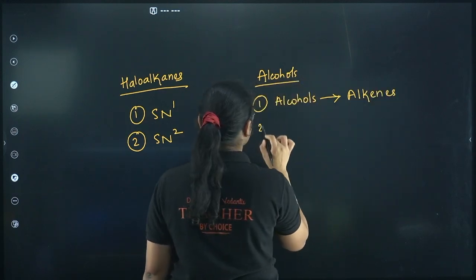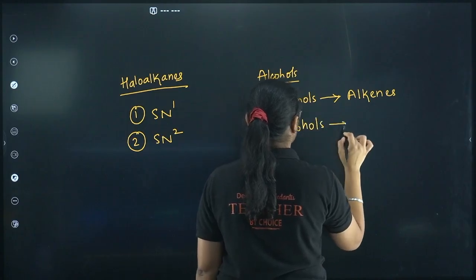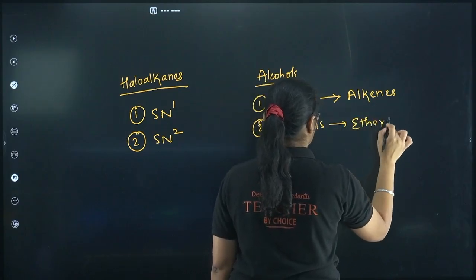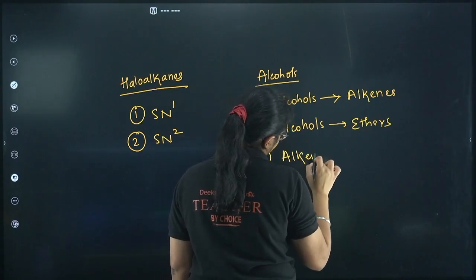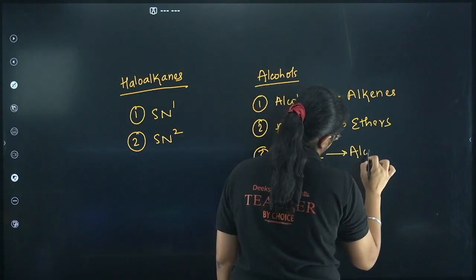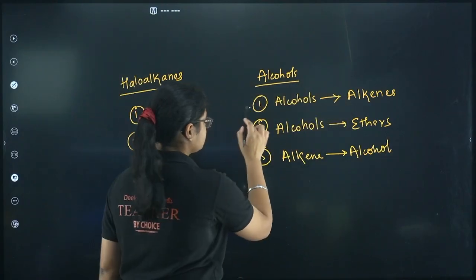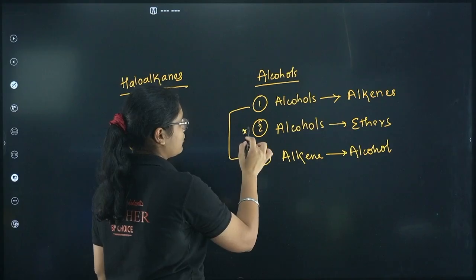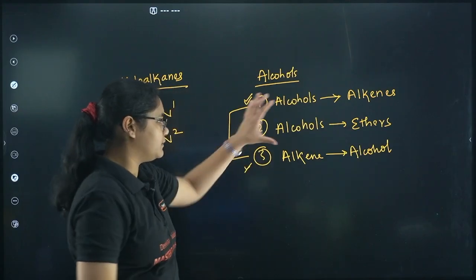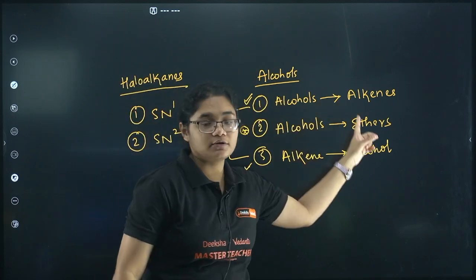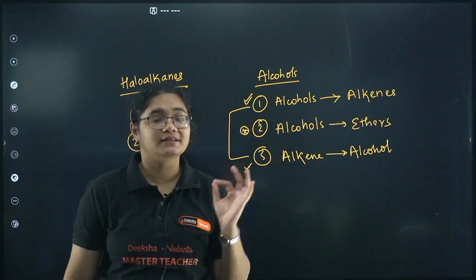Next is alcohols to ethers. And third one is alkene to alcohol. Now please remember, students get confused with these two, and this one is less important. These two are very, very important. Majorly these two will be asked, so be very careful whether it is alcohols to alkenes or alkenes to alcohol. When you prepare, keep it properly in your mind what exactly you are doing.